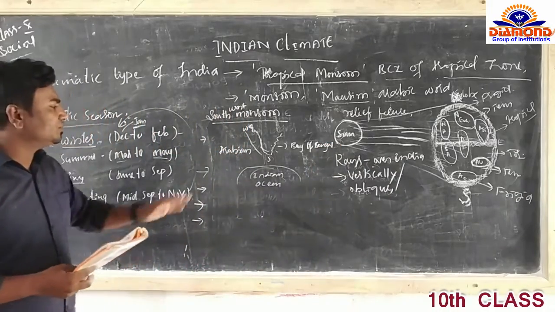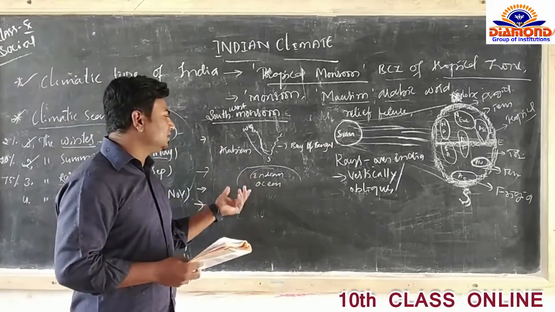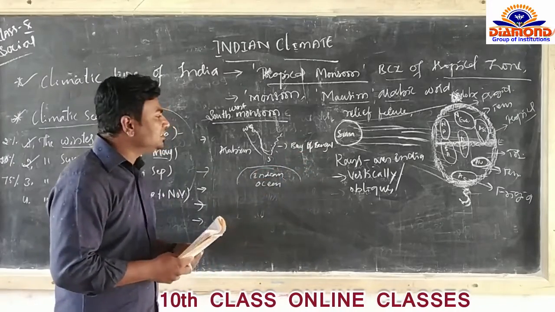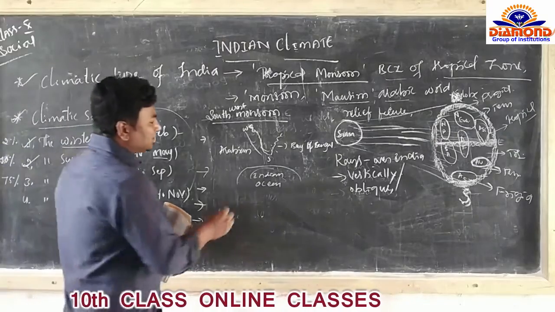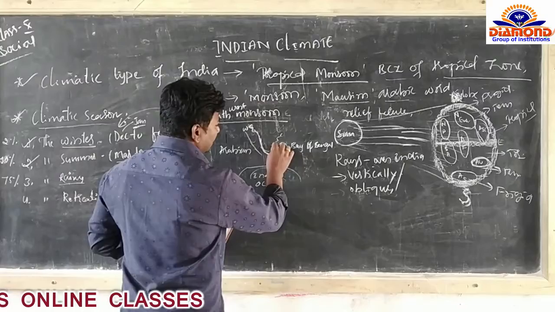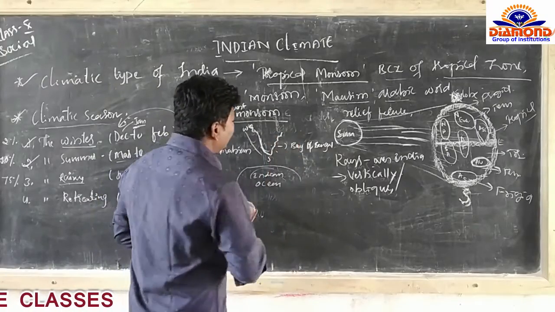These are the three seas you are seeing: Arabian Sea, Indian Ocean, and the Bay of Bengal. We are seeing these three. So, at this level, the southwest of India is now.